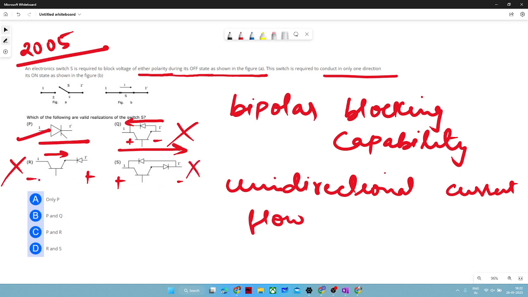I think we made one mistake in option R, that is it can block both the polarities of voltages, but at the same time it can flow either from this direction or this direction, right? So that is also wrong. So I think only P would satisfy the condition. So option A would be correct.